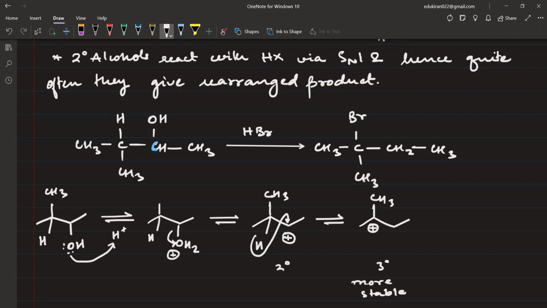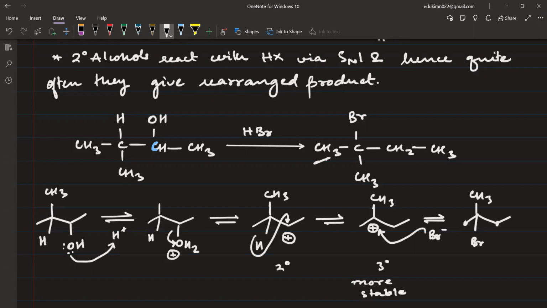And after this, it will be attacked by the I negative. I negative नहीं होगा, sorry, Br negative. CH3Br. So that is why we are getting this product. As you can see, CH3, CH3, carbon with one CH3, one Br.